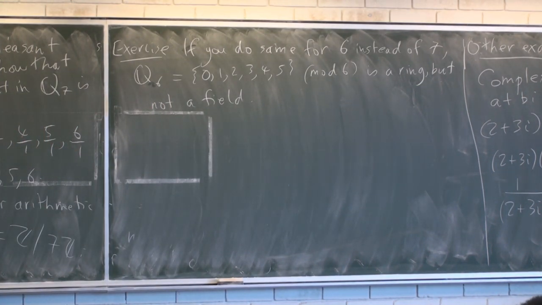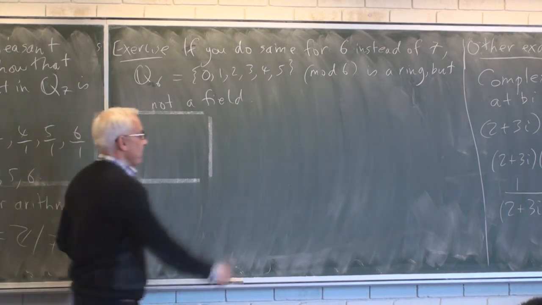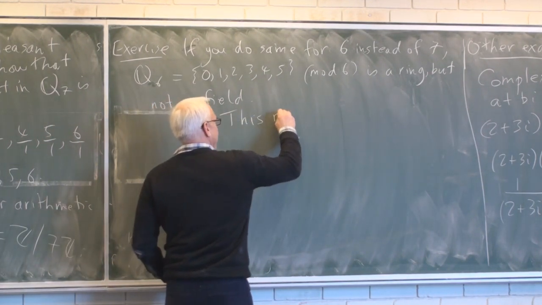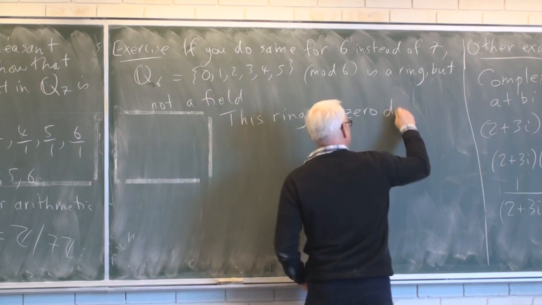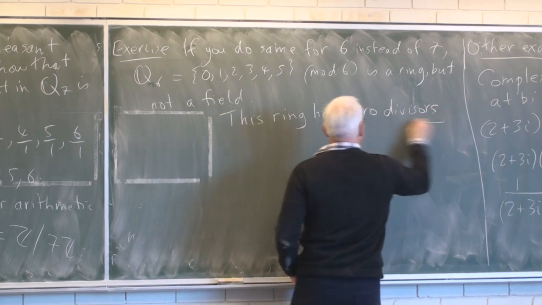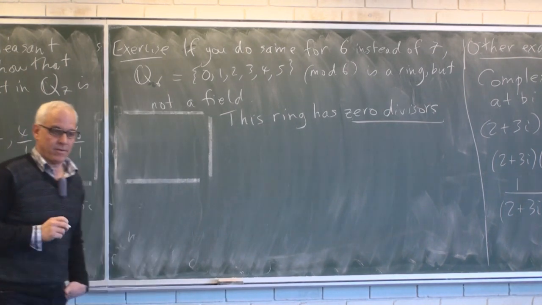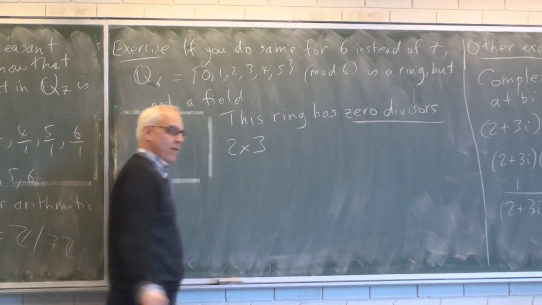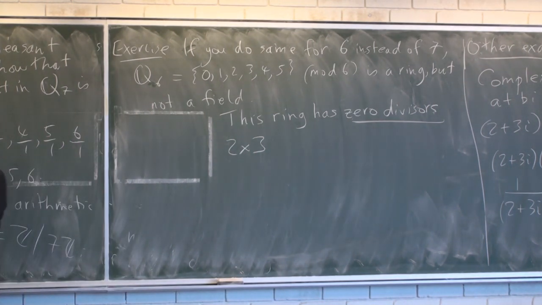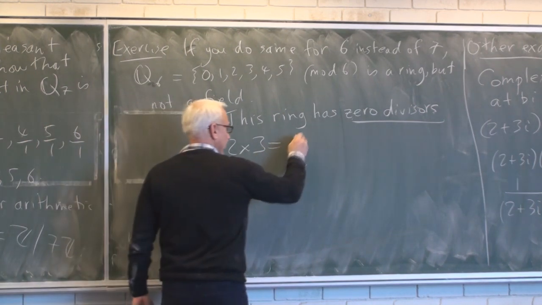And one of the easier ways of seeing that it's not a field is because it has zero divisors. This ring has zero divisors. What does that mean? It means we can find numbers like 2 and 3. Both of them are non-zero, but when we multiply them, we get 6.